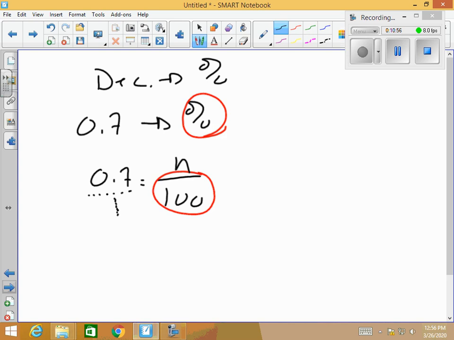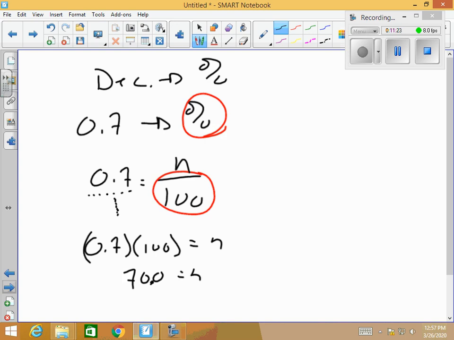So I take 0.7 times 100 is equal to 1n. Well, when I multiply by decimals, I multiply as if there were no decimals, so I get 700. And I count my decimals, right? So I have 1 digit behind my decimal, so in my answer I'm going to have 1 digit behind my decimal, which makes 70.0, and that is n.